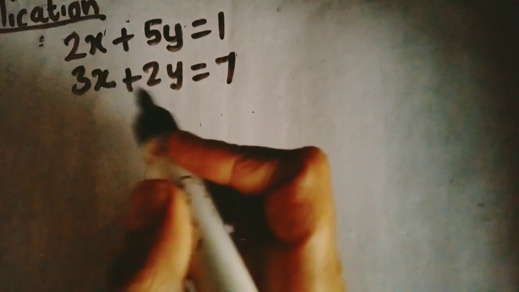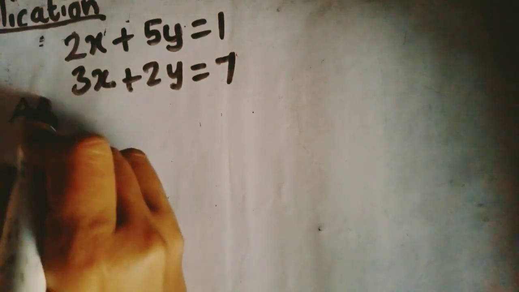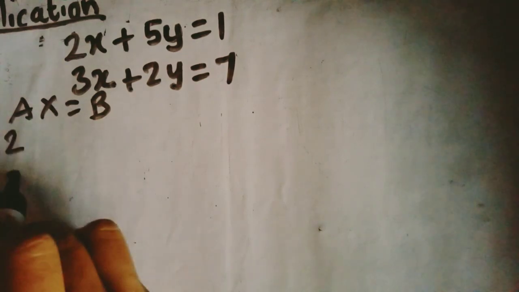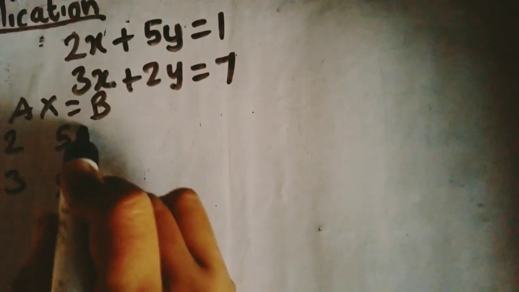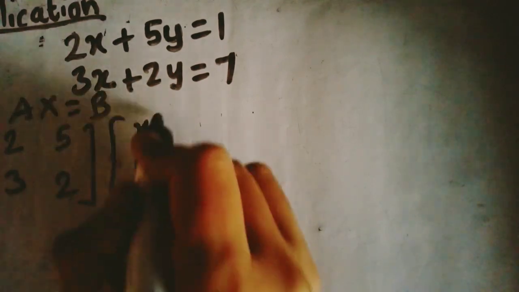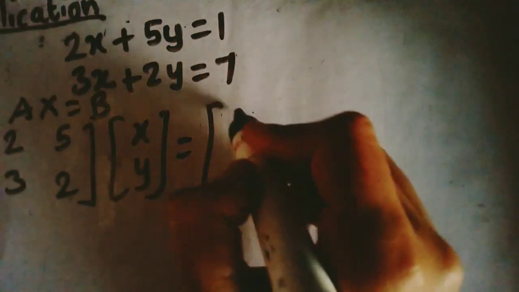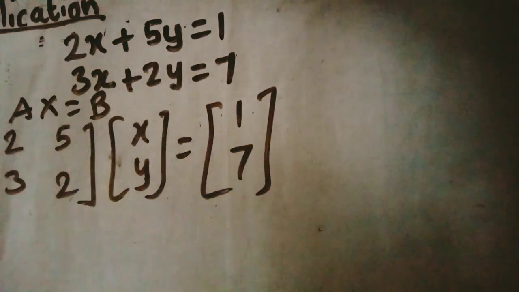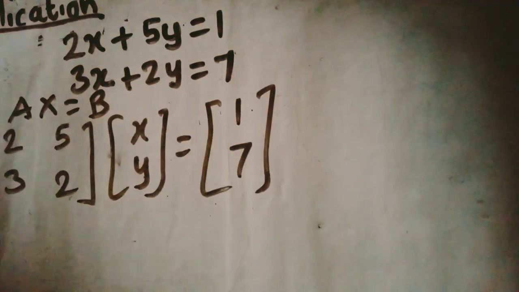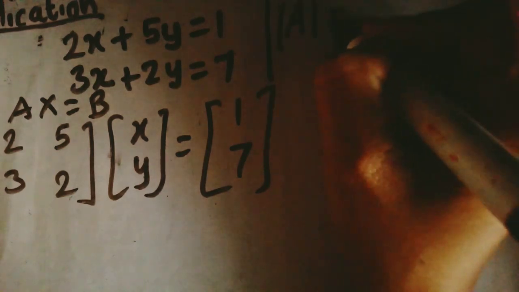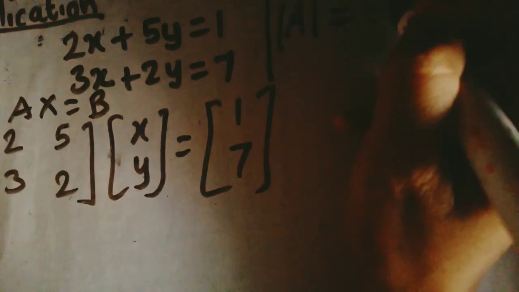Represent this in the form AX equal to B. So your A matrix is 2, 3, 5, 2, X is x, y, and B matrix is 1 and 7. First you have to find A inverse. First you find the determinant, because we should know whether a solution exists or not.